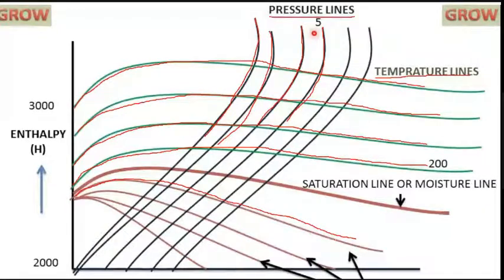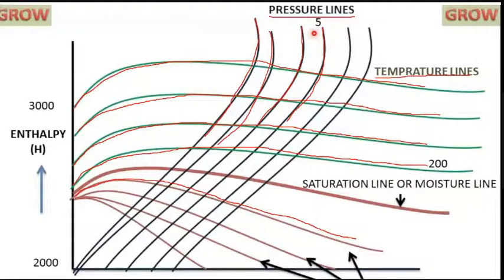There are multiple curves available in this Mollier chart: a pressure line, temperature line, and dryness fraction line. Also, there is a dotted curve in this Mollier chart that is not mentioned in this graph, but you can see it in your Mollier chart.